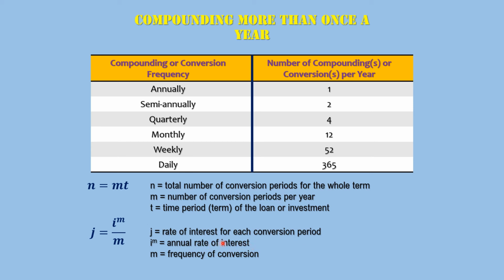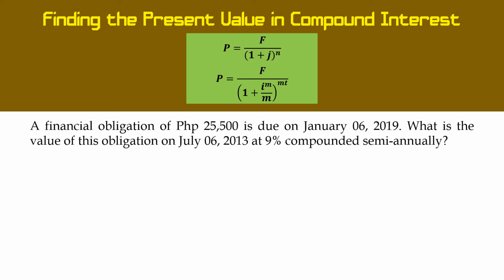And then M, of course, that is the frequency of conversion. Okay? So, now let's use these two new variables in our new formula kapag ang interest ay compounded more than once a year. Okay, let's proceed.